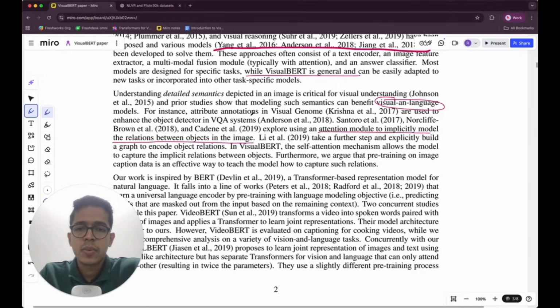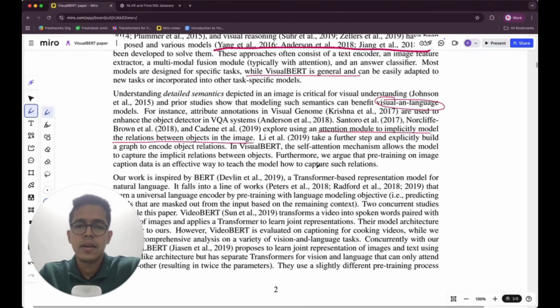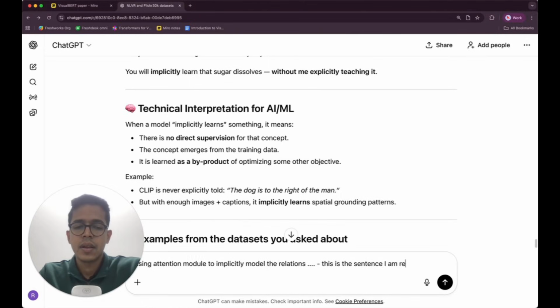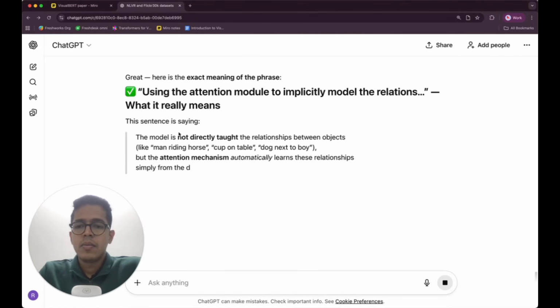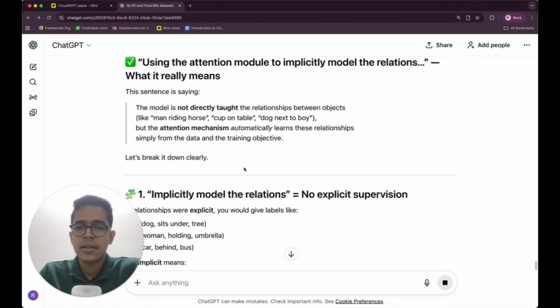Santoro et al. explore using an attention module to implicitly model the relations, et cetera. This is the sentence I am referring to. The model is not directly taught the relationships, okay, but the attention mechanism automatically learns the relationships.